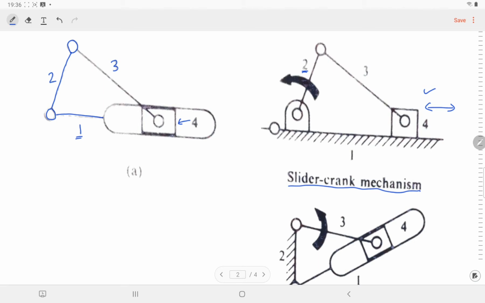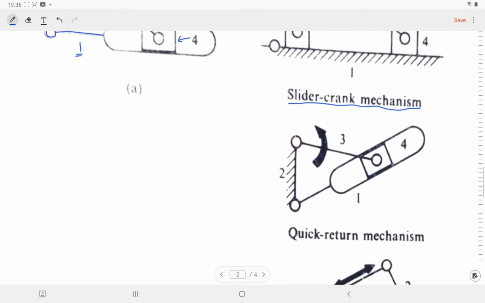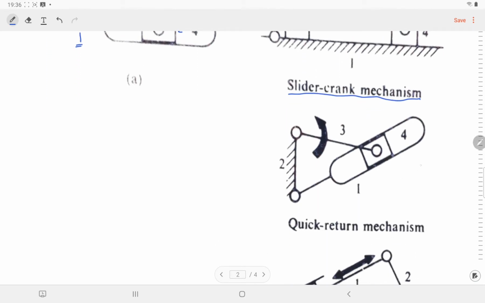Okay, and instead of 1, if I fix link 2, what I will get is this one, and this is known as the quick return mechanism. In this quick return mechanism, link 3 will go through a complete rotation, where link 4 will have a to and fro rotary oscillation.